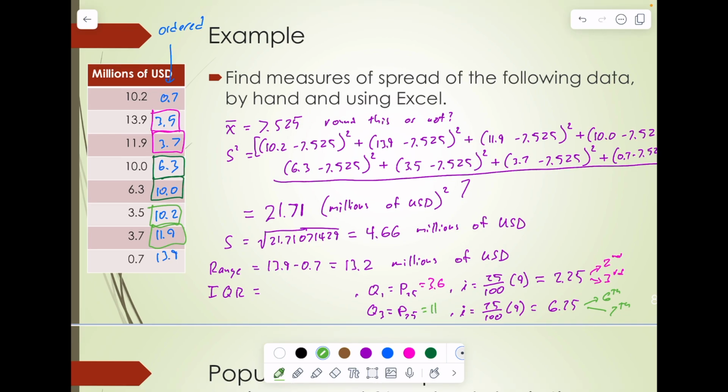That gives me 11.05 if I average 10.2 and 11.9.